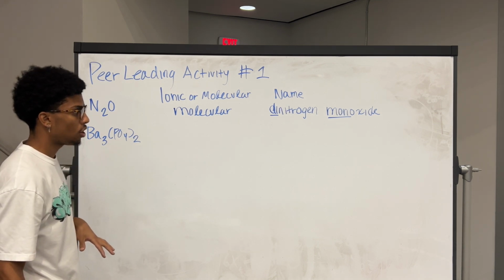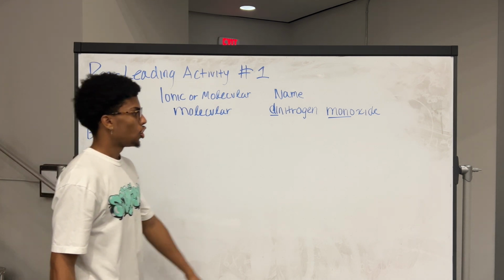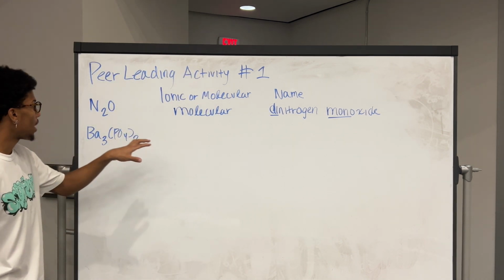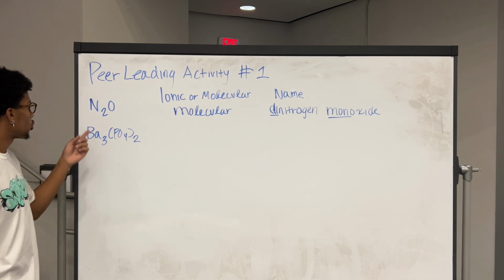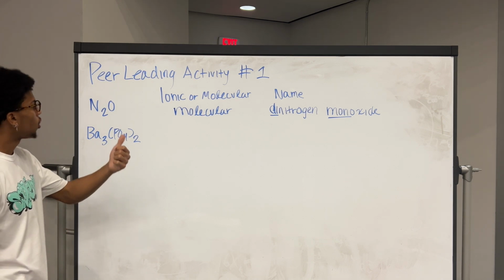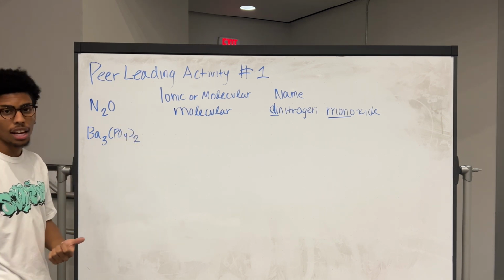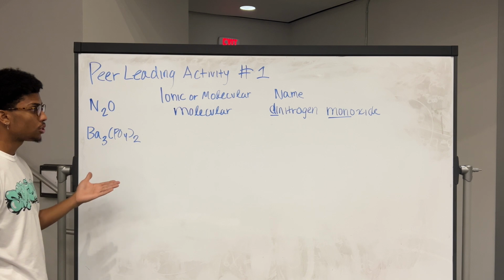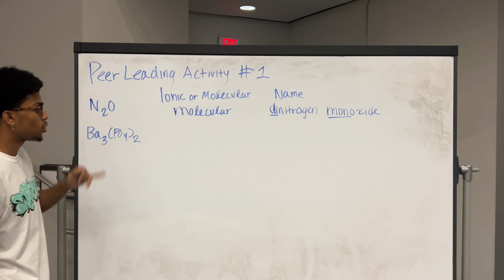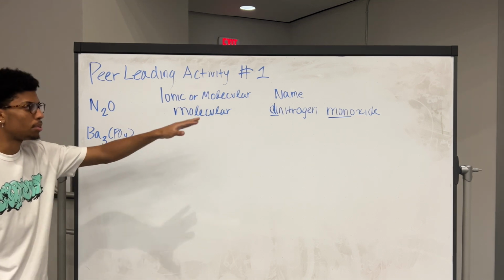Now, something to remember. You only omit mono if it's characterizing the first element. So if this nitrogen had been 1 and not 2, you don't need to say mononitrogen monooxide. You would just say nitrogen monoxide. Okay? But here we have 2 of them, so it's dinitrogen monoxide.